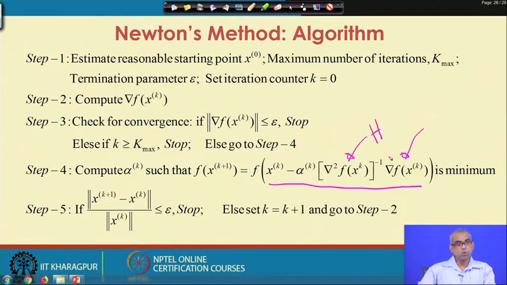So, x k plus 1 is obtained as x k minus alpha k into Hessian inverse into gradient.